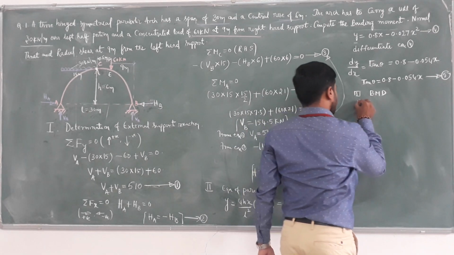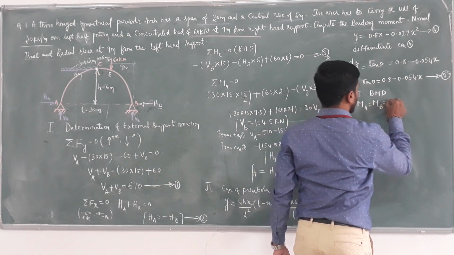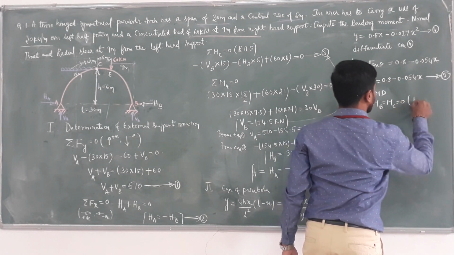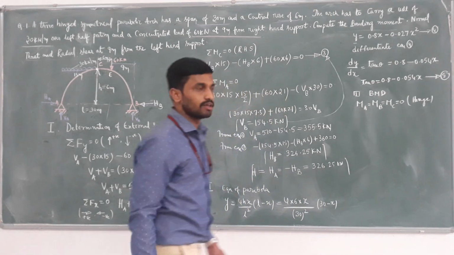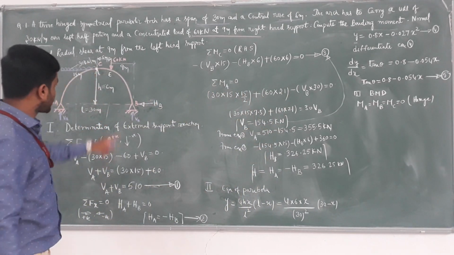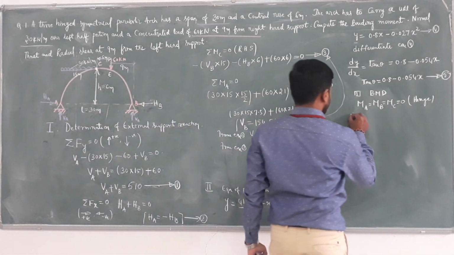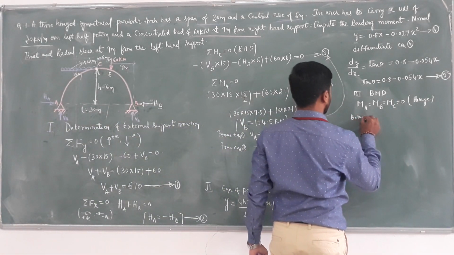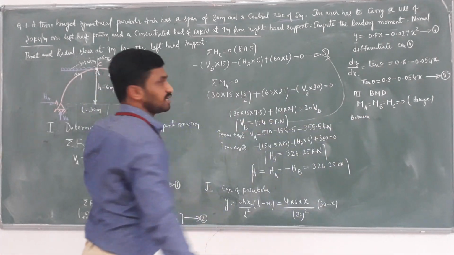We know that moment at A, moment at B, and moment at C equal 0. Why? Because these are hinges. Therefore, moment at A, B, and C is 0. Next, compute the moment at E. You can take AC first, next CB, no problem.